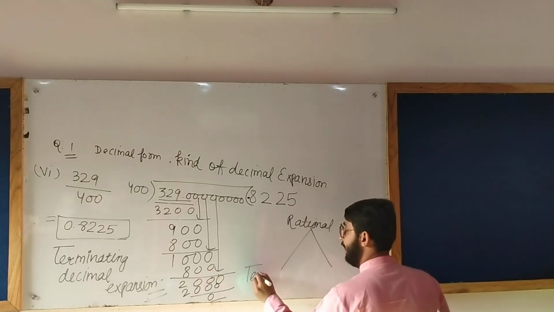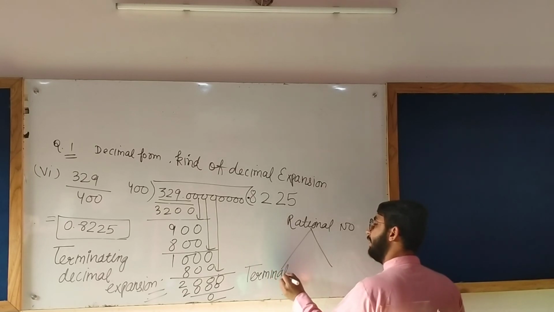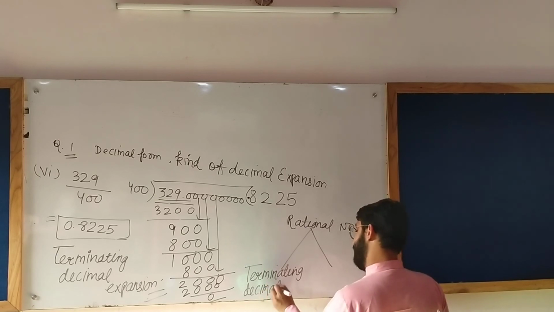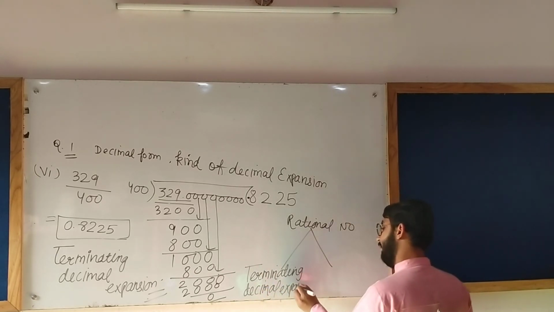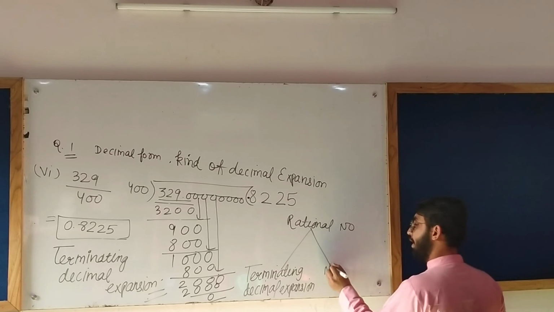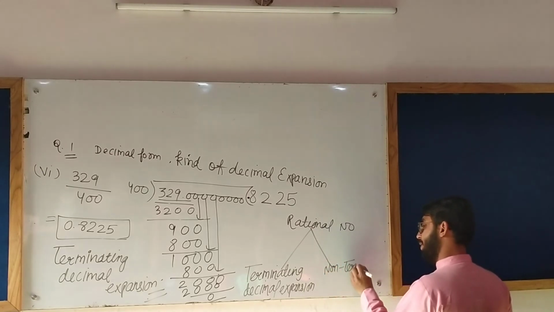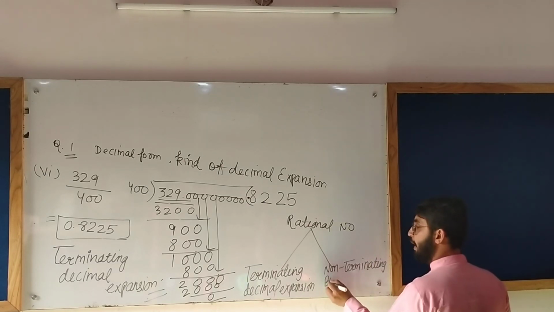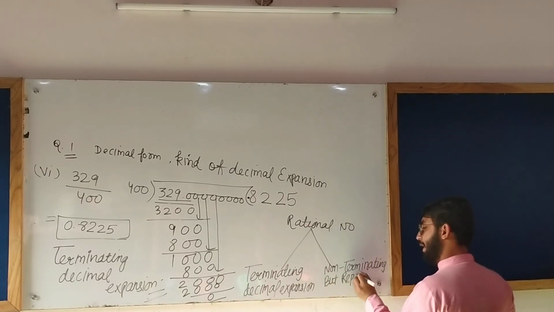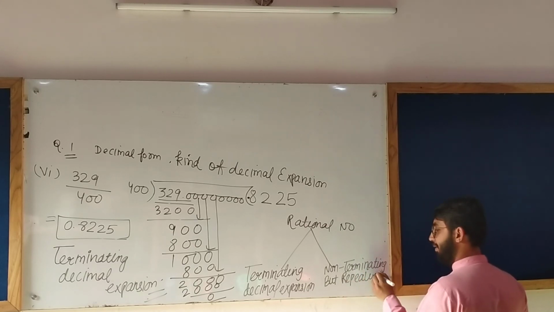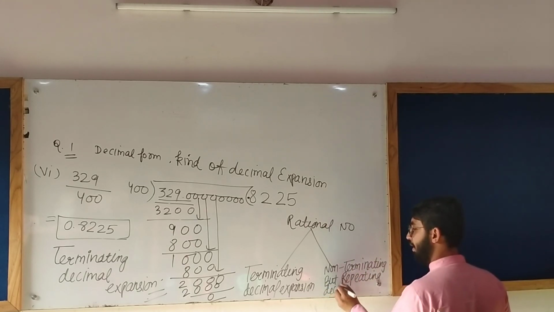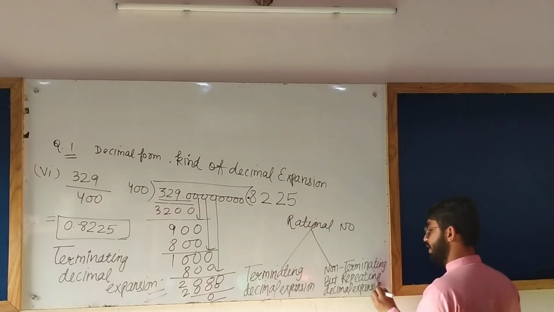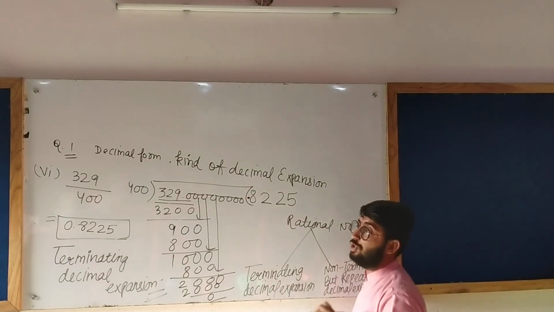That is the terminating decimal expansion, and non-terminating but repeating, or recurring, decimal expansion. Okay, here we have finished the first question of exercise 1.3 of chapter 1, real numbers.